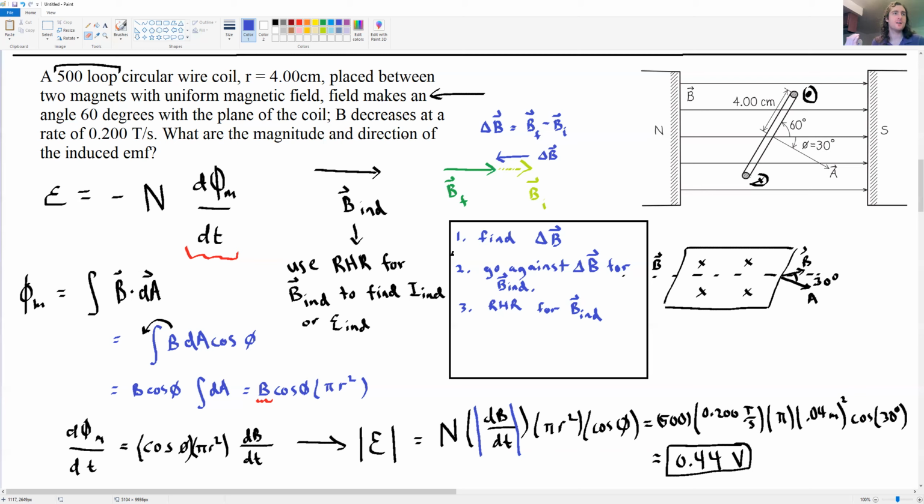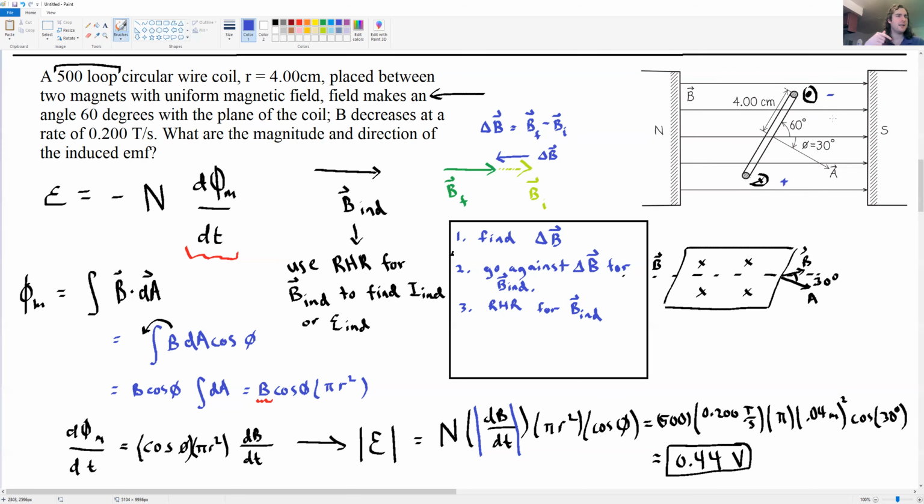So the current is going to flow just like it would for a battery, from low to high. So in this case, we would have induced EMF positive down here and negative over here.